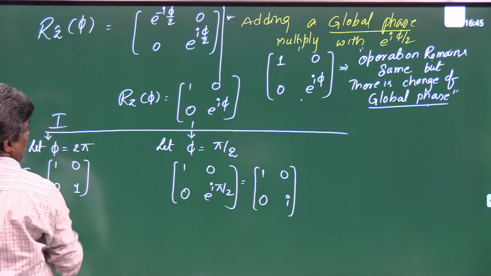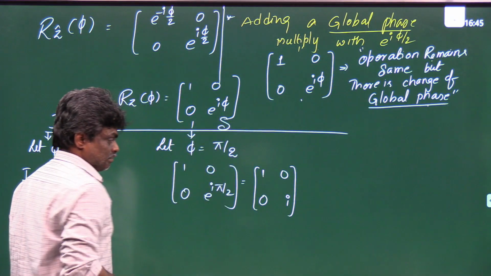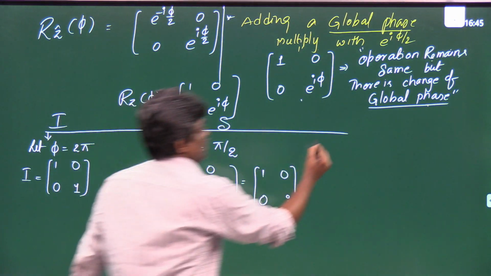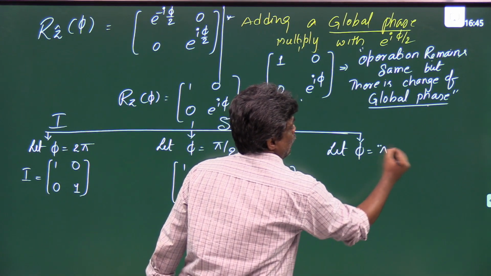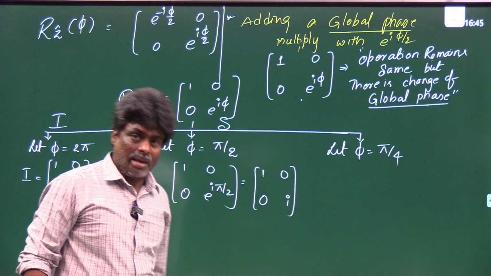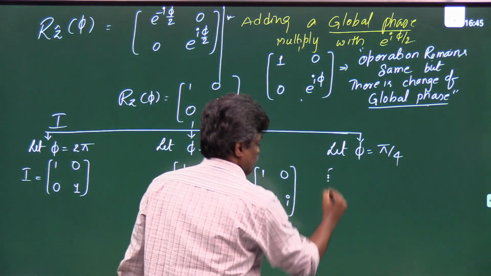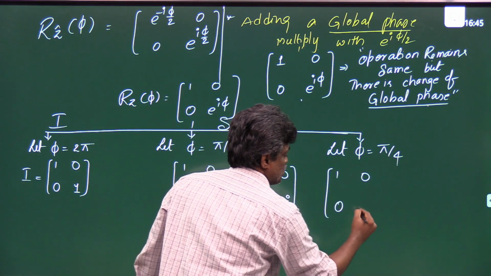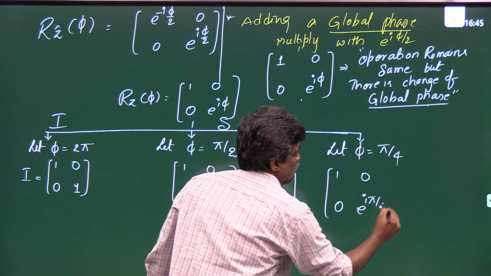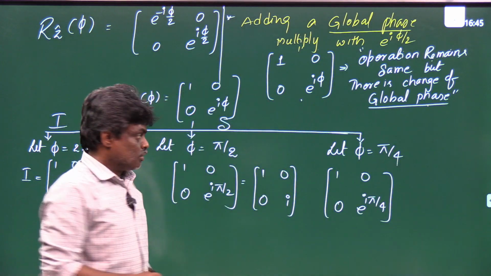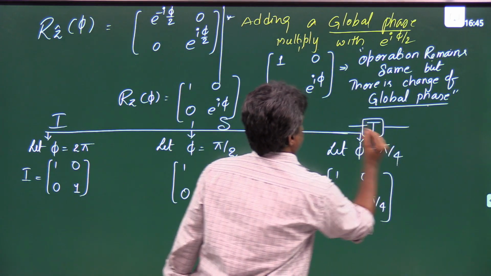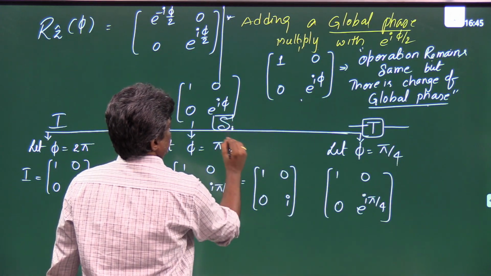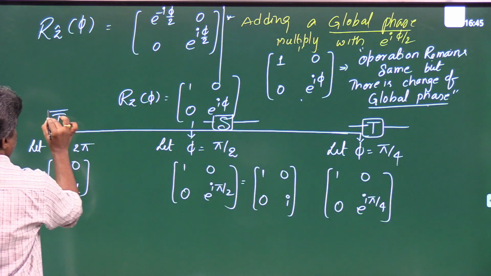And next I am assuming one more phi: phi is equal to pi by 4. Very important. This is 1, 0, 0, e raised to i pi by 4. This is called the T gate. T gate, and this is the S gate, and this is the I gate.